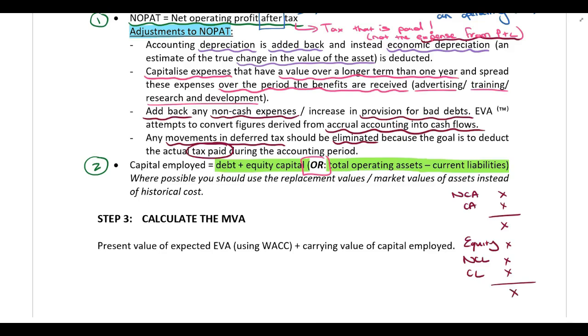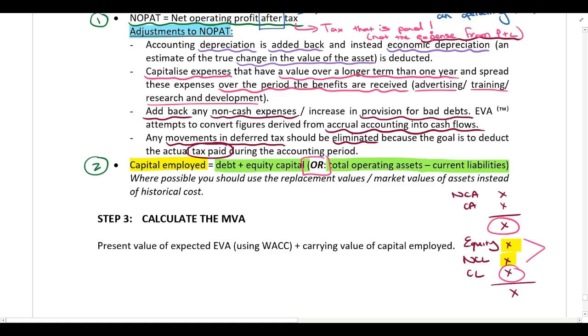So if I want to calculate capital employed, either I can just add together the value of my debt and my equity, and that gives me capital employed, or alternatively, I can take my total assets and deduct my current liabilities, and that will give me exactly the same answer.